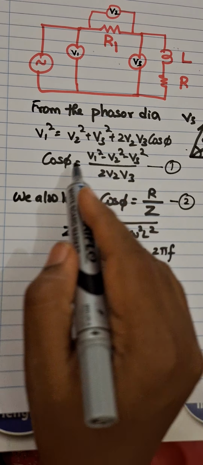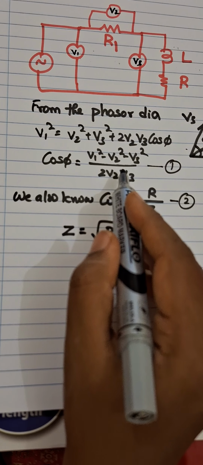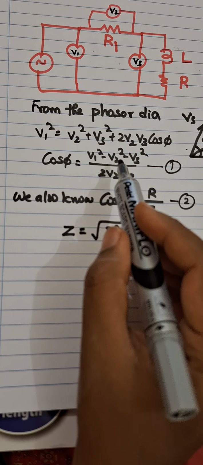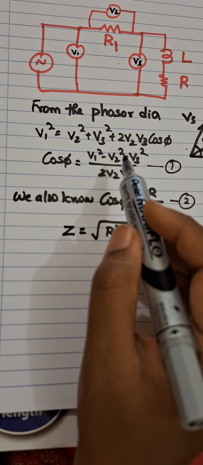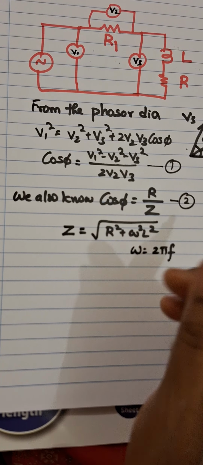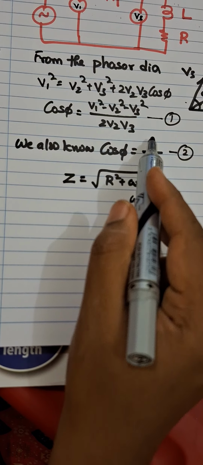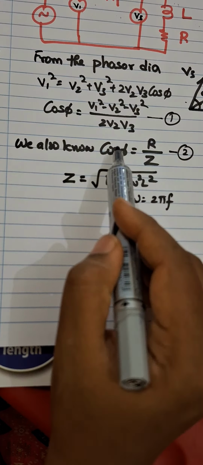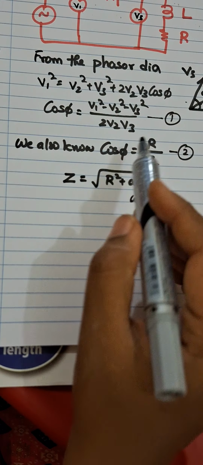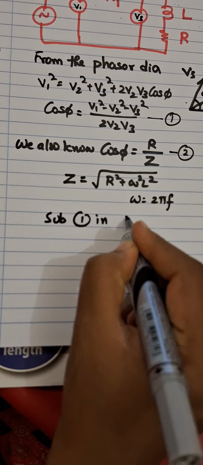So let me say my equation is V1 square minus V2 square minus V3 square by 2 V2 V3. Cos phi is equal to R by Z, but cos phi is equal to this. So substitute 1 in 2.